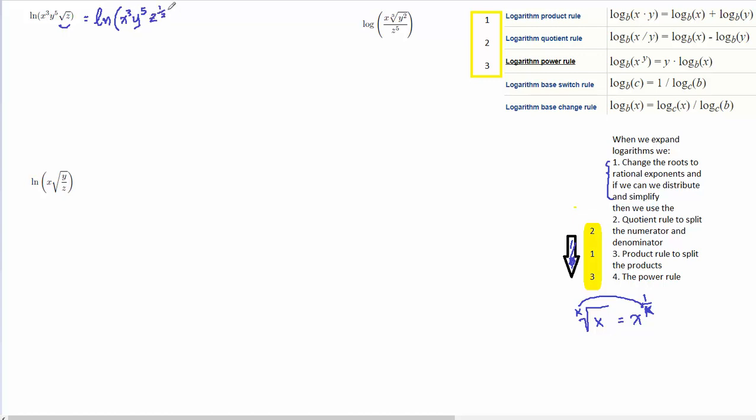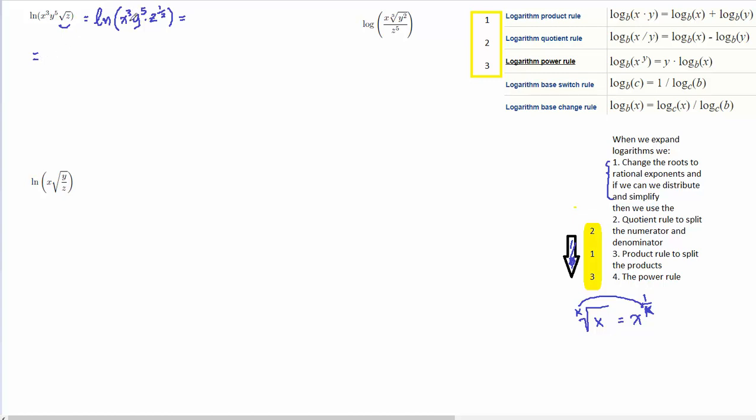Right now I have a product of different powers of variables. I don't have any quotient, so I can skip the first step. I'm not going to apply the quotient rule because I don't have any quotient here, any fraction. So I go ahead and apply the product rule.